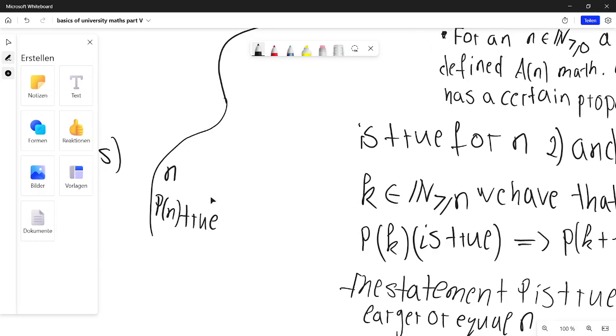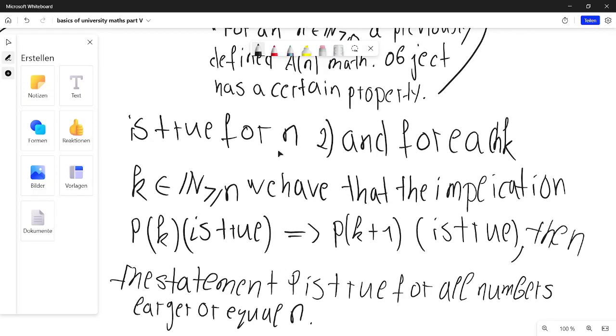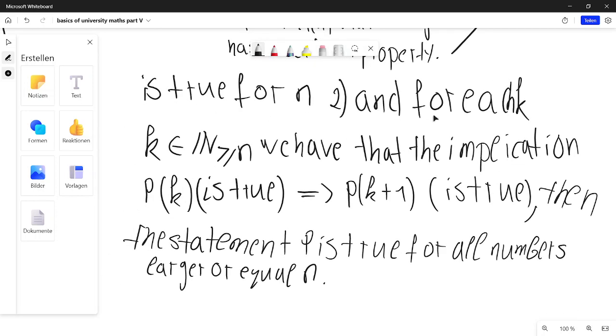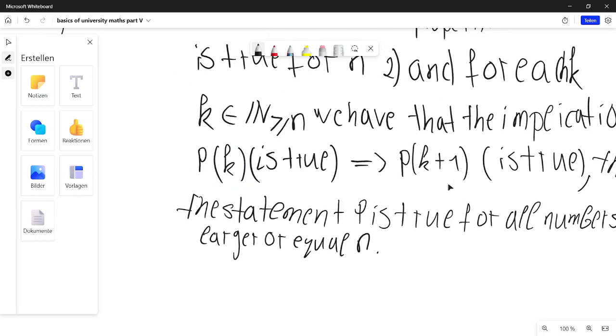And now we have explicitly stated when P of n is true, and for each k bigger or equal n, in particular for n, if P of k is true, then P of k plus 1 is also true.